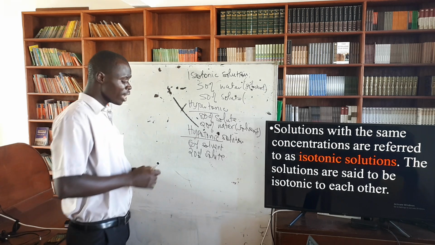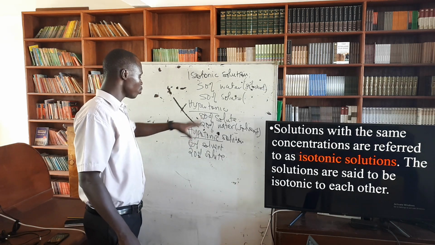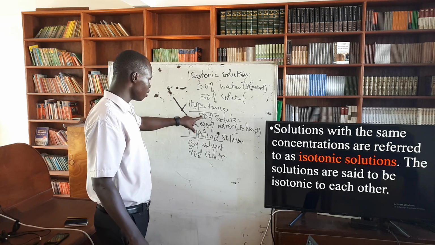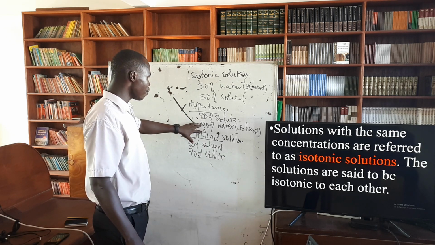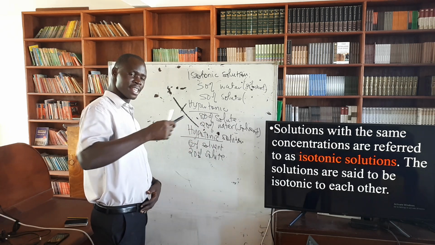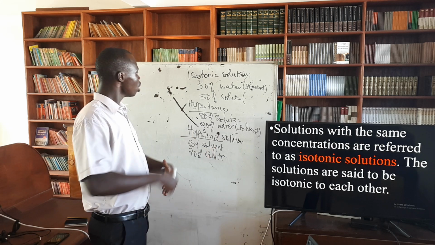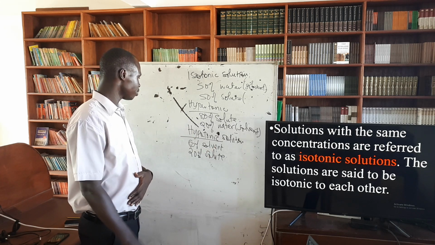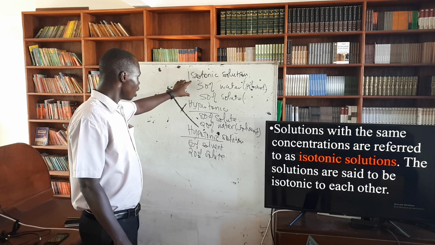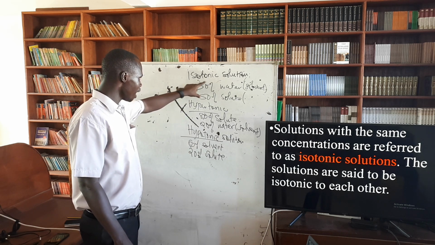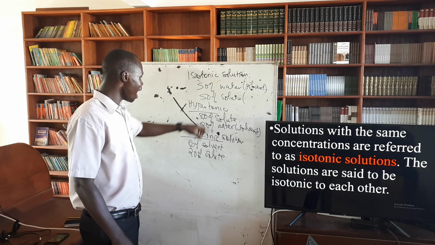Now, I don't mean that it must be 60, 40; it can be 55, 45. So long as the percentage of one supersedes the other, that is the one you consider. Same concentration: isotonic. More solute: highly concentrated.